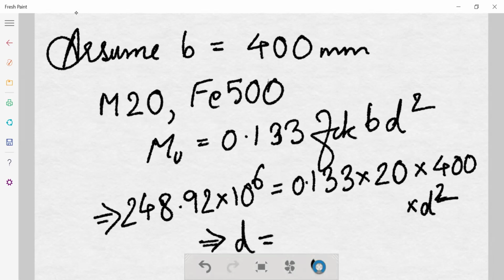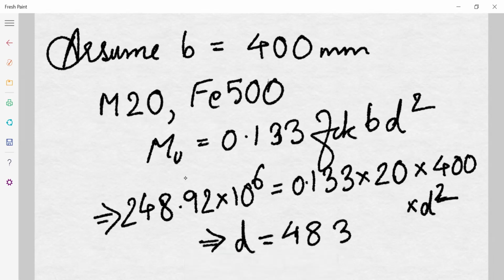I'll just do the calculation: 248.92 into 10 to the power 6 divided by 0.133 into 20 into 400. We get around 483.68.